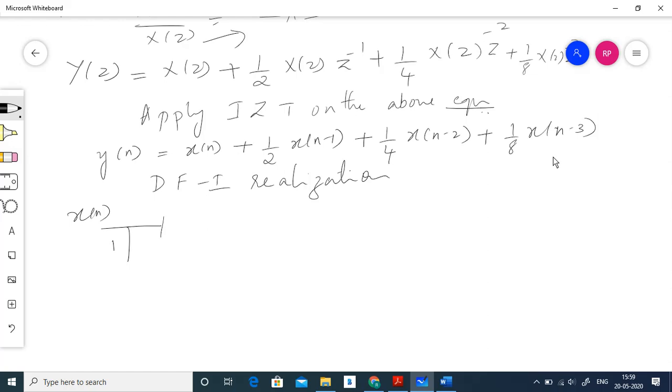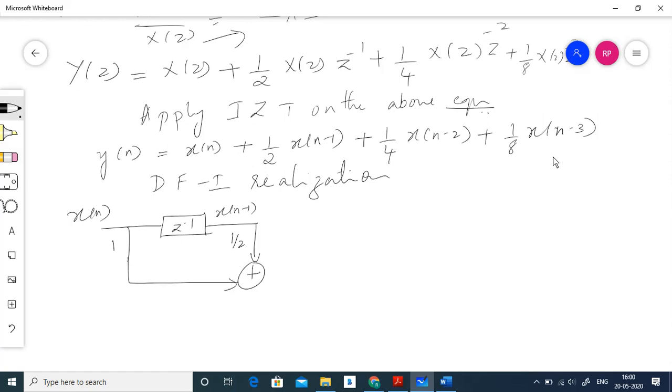How to get x of n minus 1? I should insert a delay element. As a result, if you pass x of n through this delay element, you will get x of n minus 1. What is the constant associated with it? It is half. So I should add the first term with this term. So I'll perform an addition operation there, and then see here this term is present here. I should add that with x of n into 1 time. So I'll take a signal from there and then I'll add it.